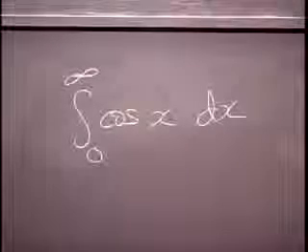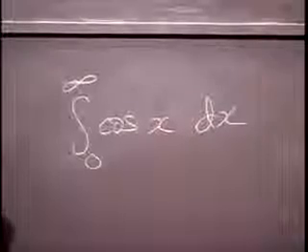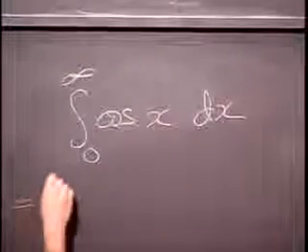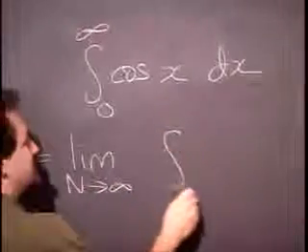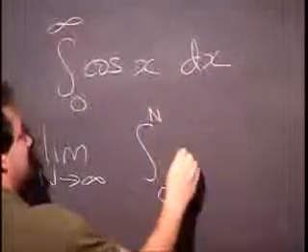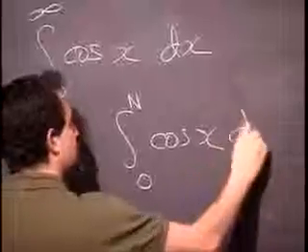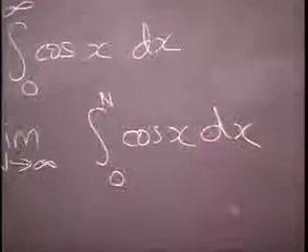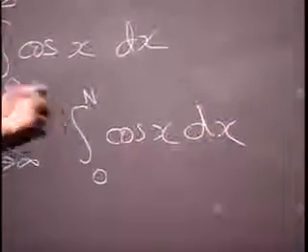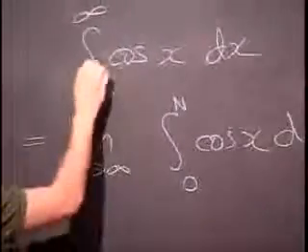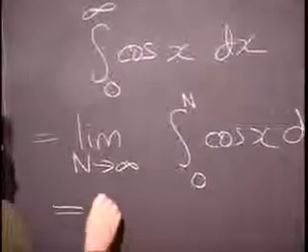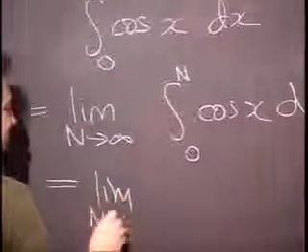It's just cosine. Well, to do this, I'm afraid you can't use any of the tests. You have to bust out the definition that we did last time. It's the limit from 0 to n of cosine x, as n goes to infinity. You can see that that's going to look something like this. In fact, that's the definition of this. So we just integrate cosine.